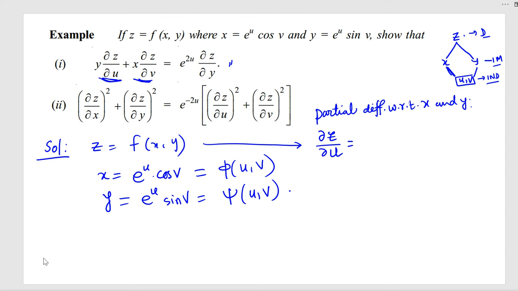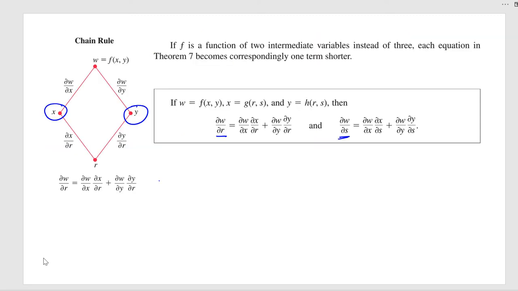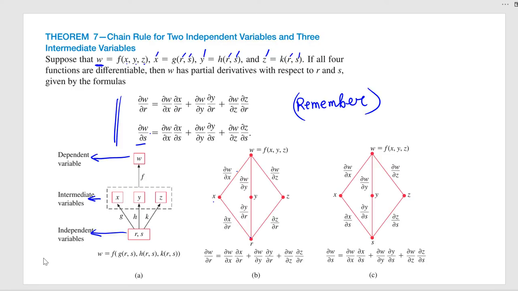So for that we need to find del z del u, and for this we have the formula: del z del x, del x del u. See the formula here with r and s.